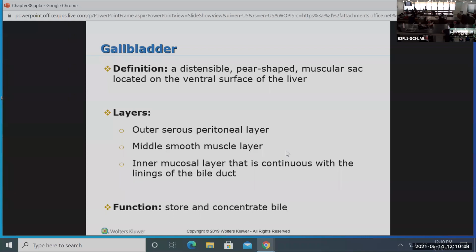Okay, so let's get back to the gallbladder now. We already said what the gallbladder is doing. Please remember the normal function, location, and others. Normal anatomy. Definition: it is a distensible, pear-shaped muscular sac located on the ventral surface of the liver.